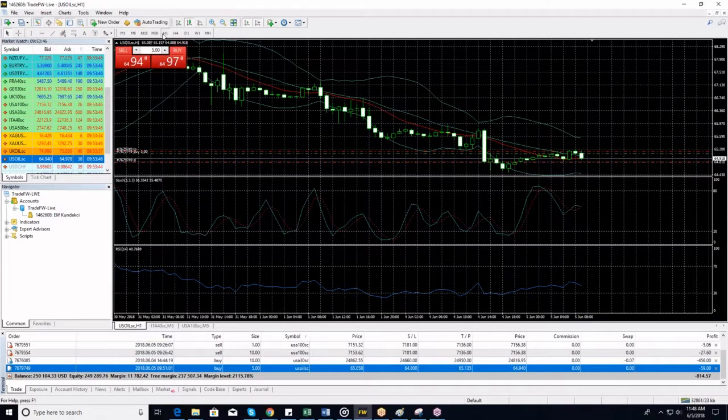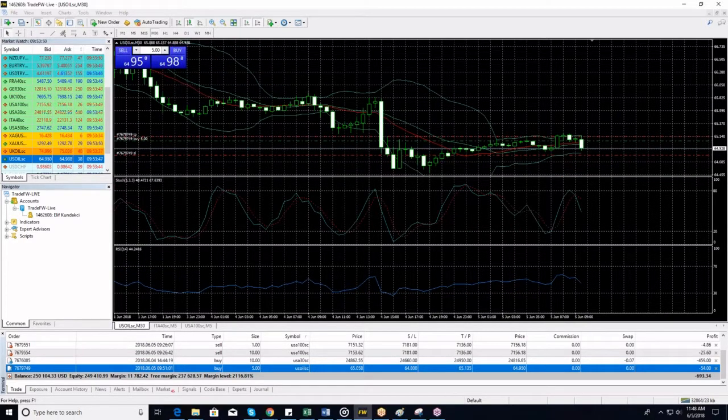So, yes, our recap. We went long on oil at 65.8, and we put a wider stop loss because I'm expecting sharp movements, and to avoid our stop loss getting hit, I put a wider stop loss, but I will move it later on.